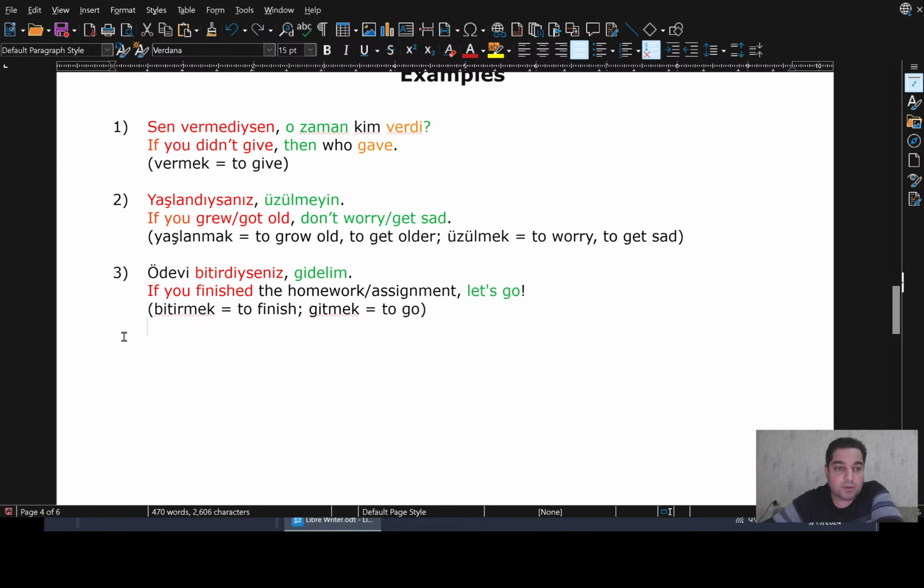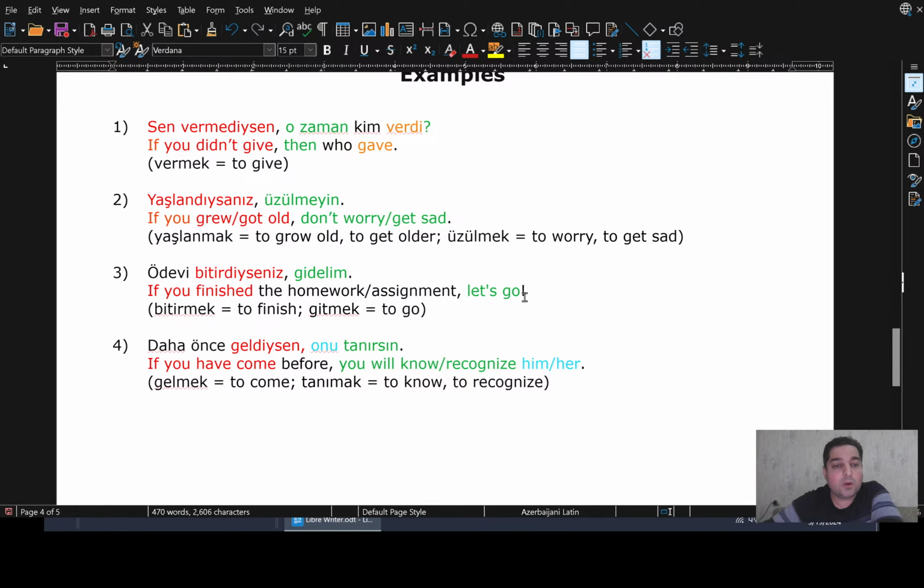The fourth example, "daha önce geldiysen onu tanırsın." So imagine you go with somebody to some place and he tells you that if you have ever come here before, "daha önce buraya geldiysen onu tanırsın." You will know him, you will recognize him.